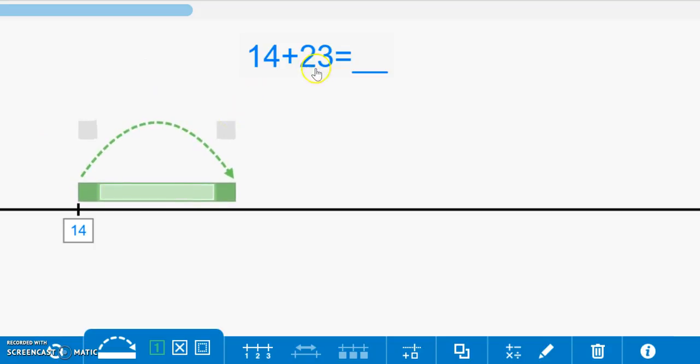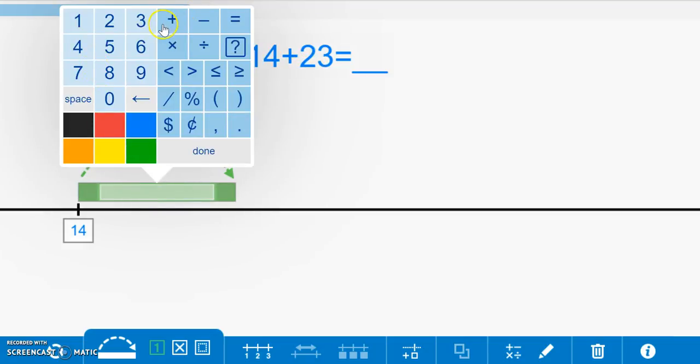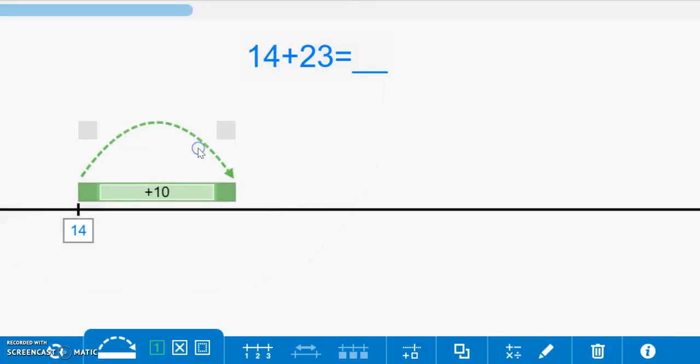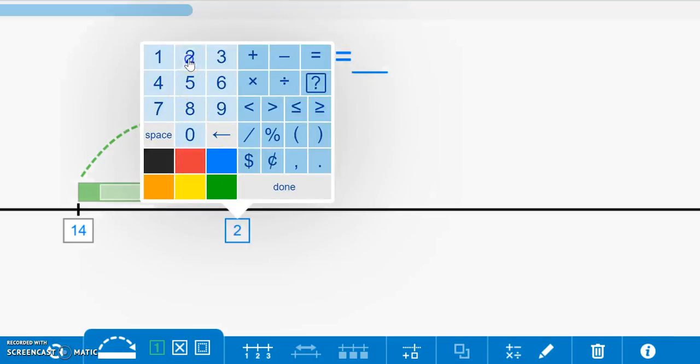And a good way to break down my hops is to break down how many tens and how many ones I have. So in the number 23, I have 2 tens. So I'm going to make one hop of 10. If I make one hop of 10 from the number 14, I land at the number 24.